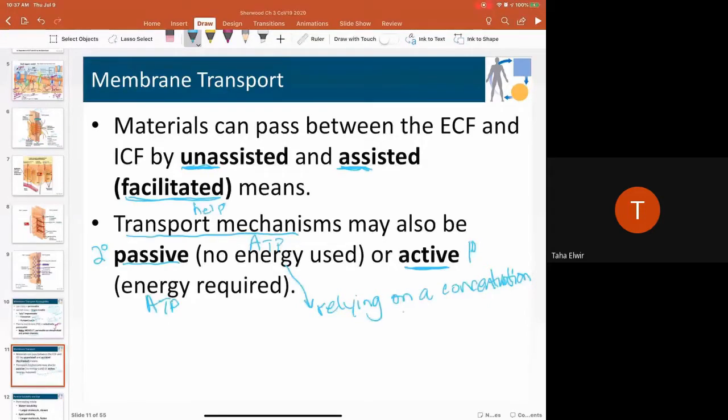Okay. There. Well, now I have to erase it again because I'm not writing legibly.